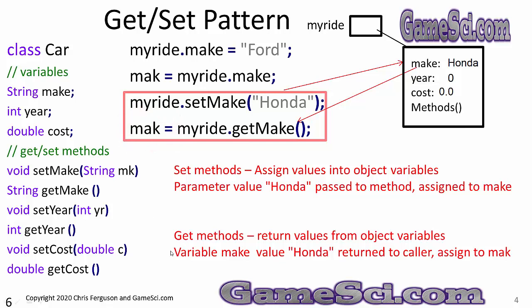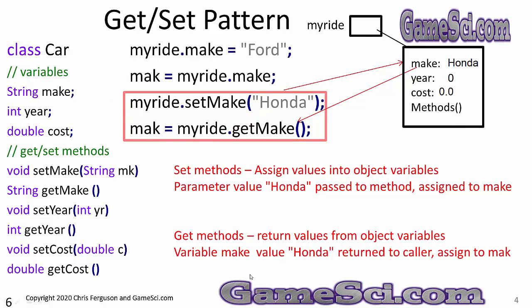I need you to understand that these two lines of code do almost exactly the same thing as these two lines of code. These two lines of code say directly access the object's variables. These two lines indirectly access the object variables by calling a method to do the same thing.